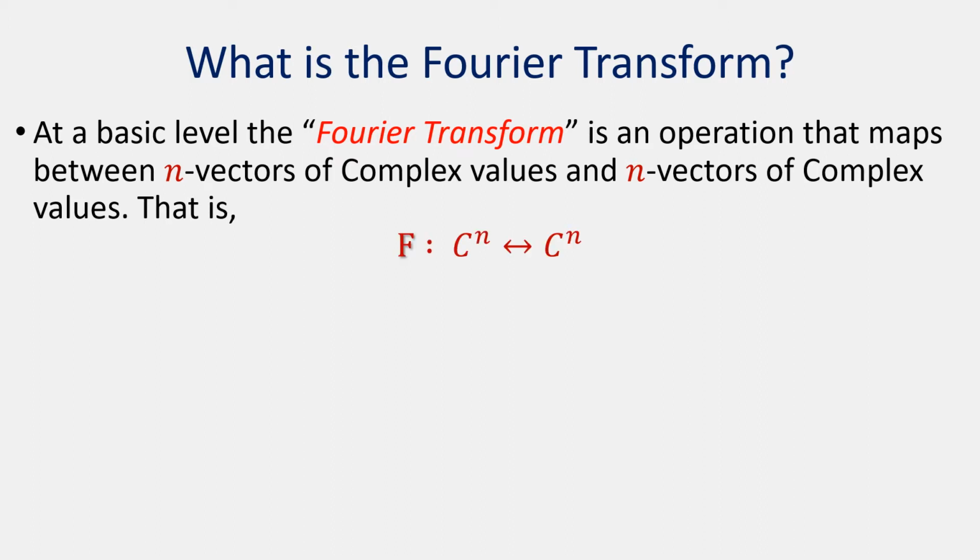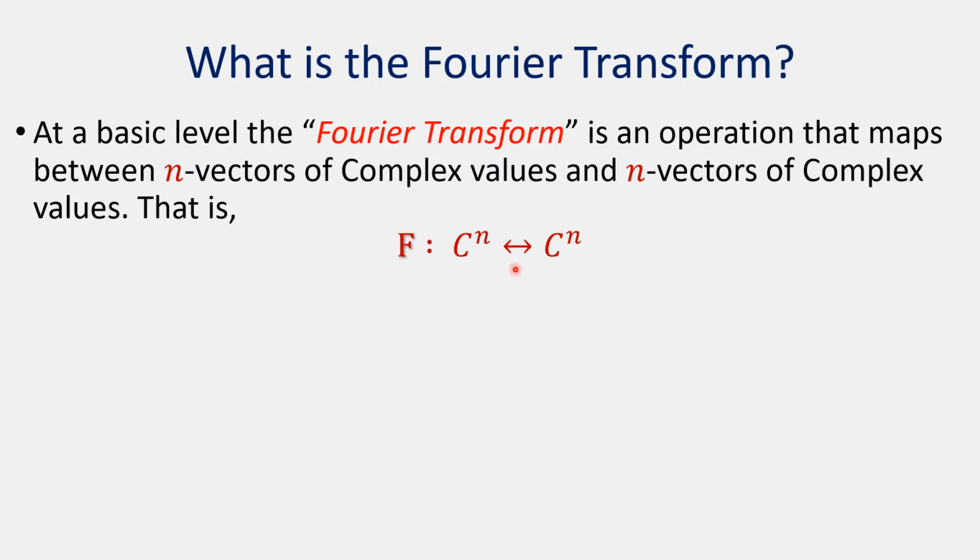So in other words, an object like this. We have the operator itself. It takes as input a vector of complex values. It returns another vector of complex values of the same order.